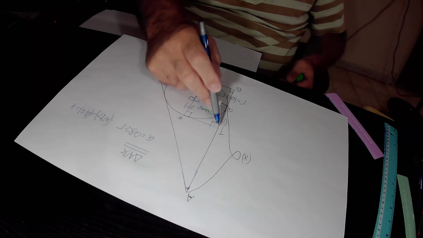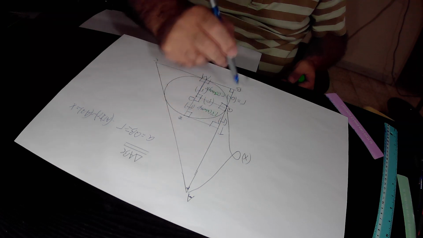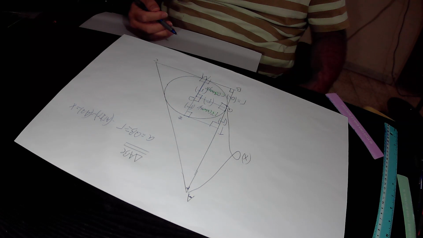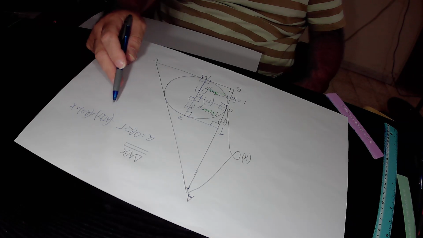AT is the length of a line segment, so as a length it is a positive number. And therefore AT plus R is absolutely greater than R, because AT is a positive number.